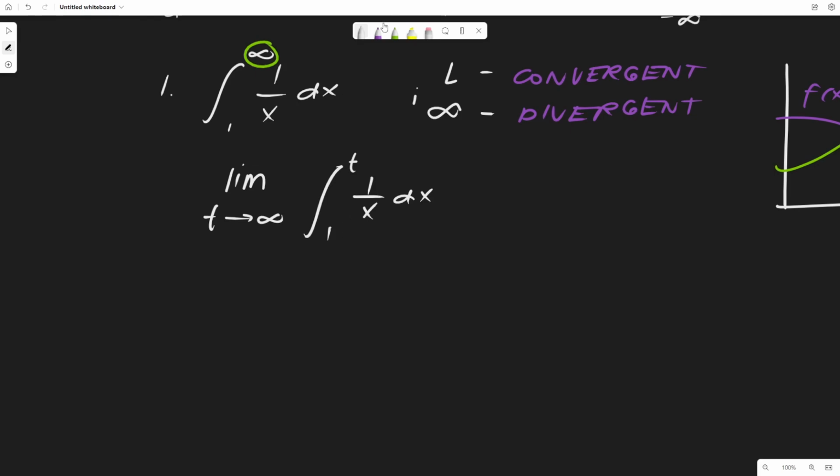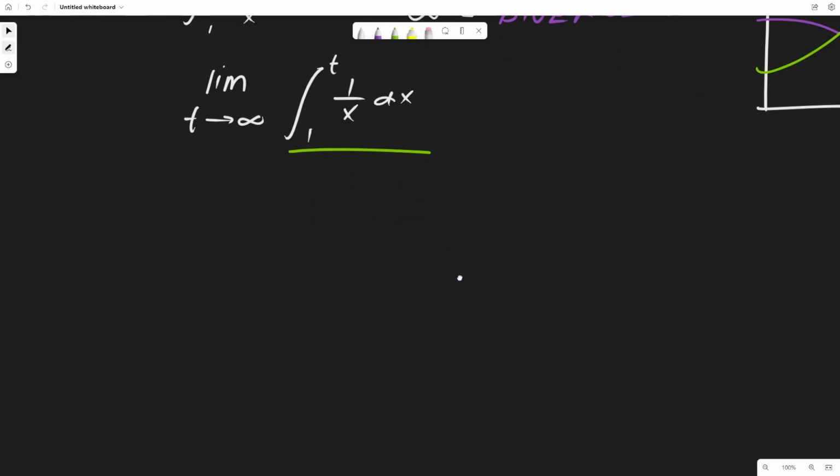Let's first do the integral. We know that the integral of 1 over x dx is equivalent to ln x. So we have the limit of ln x from 1 to t as t approaches infinity.